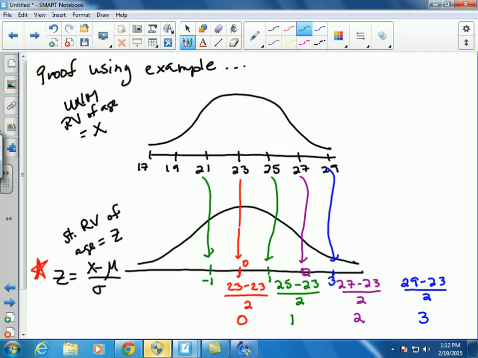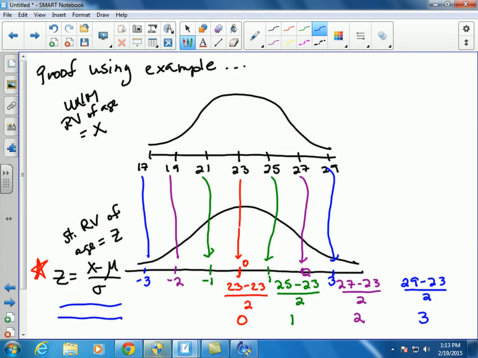You can do the math and look at that yourself, that this is transferring to be -2, and that this is transferring to be -3, and the empirical rule still applies. So this is just proof to show you that this equation to get the z-scores does take a continuous normally distributed random variable and turns it into the standard normal.